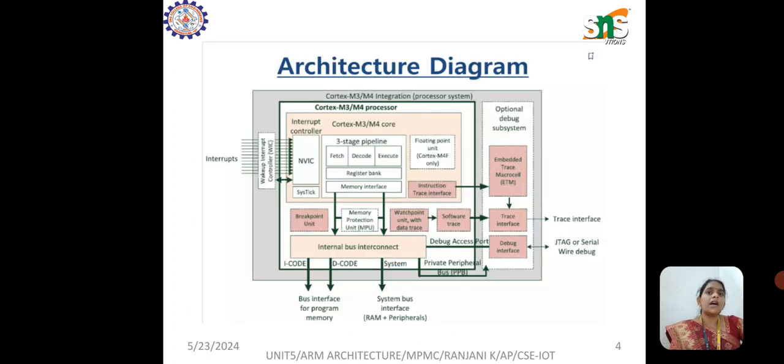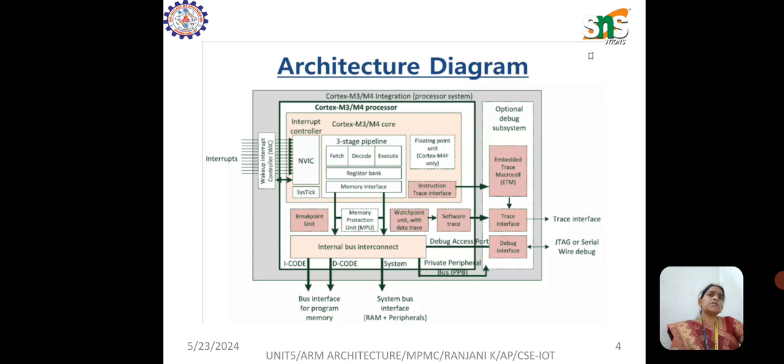So this is the architecture of ARM. Here we see the example of the Cortex-M3 and M4 processors. It has a multiprocessing system. ARM processors are designed to be used in multiprocessing systems, where more than one processor can be used to process information.